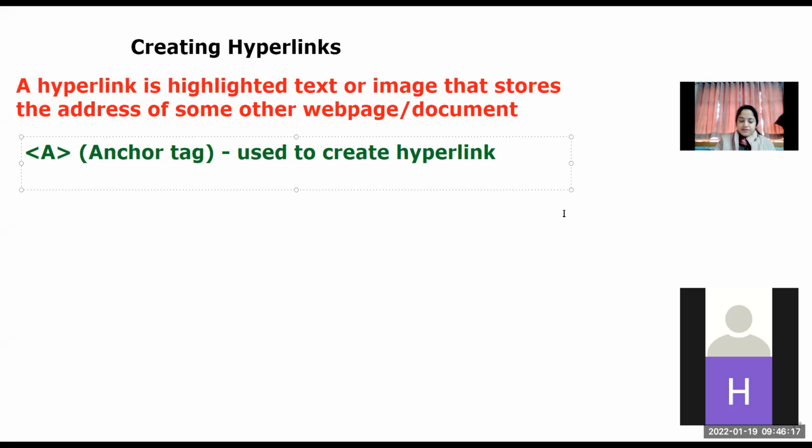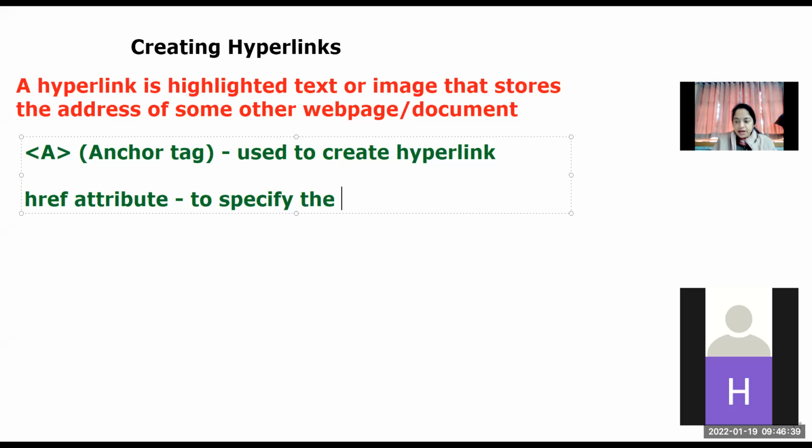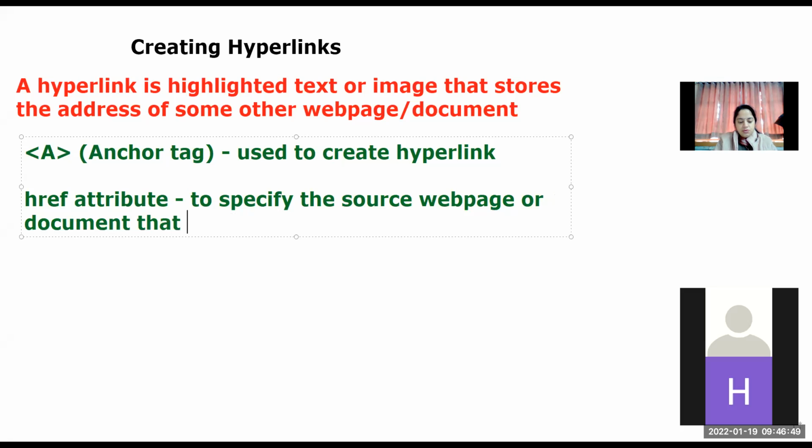Similarly, we can use the href attribute along with the anchor tag to specify the source of web page or document that you want to open by clicking on the link. कि लिंक पे क्लिक करने पे क्या ओपन होना चाहिए, that is specified by using the href attribute.